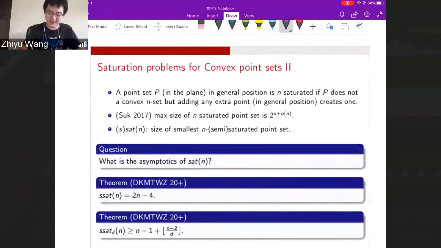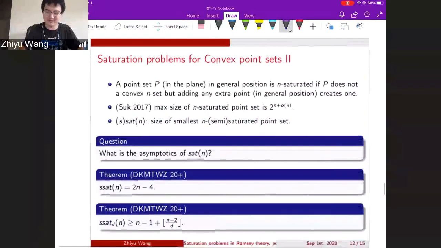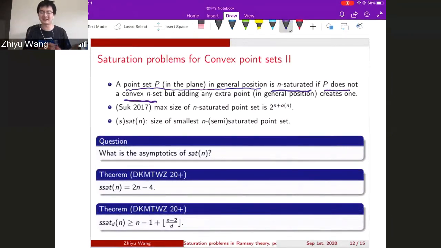Here, the second problem, a very natural extension, is that if we have a point set in general position in the plane, we call it n-saturated if P does not have a convex subset of size n, but adding any extra point, still in general position, gives us a convex n-set.